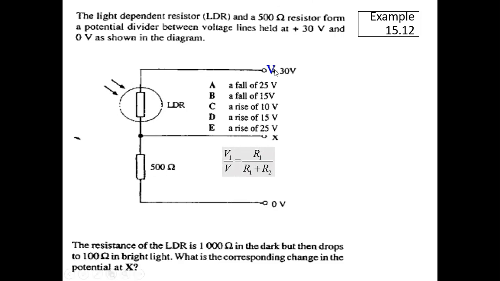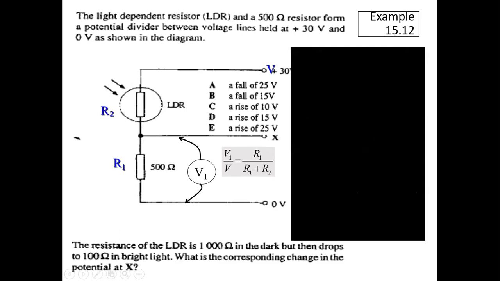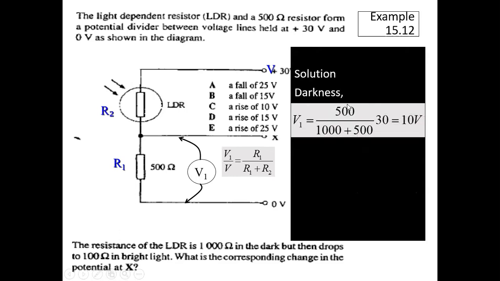I already told you, it's across the 500. You're interested in the change in X across the 500. So R1, 500 over 500 plus 1000 in darkness, times your 30. It's your 30 volt.